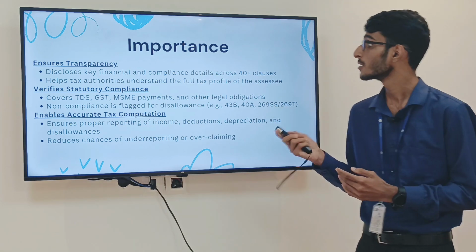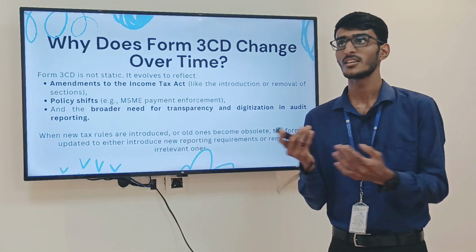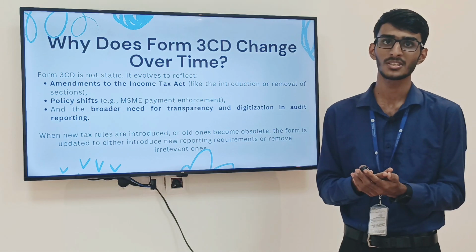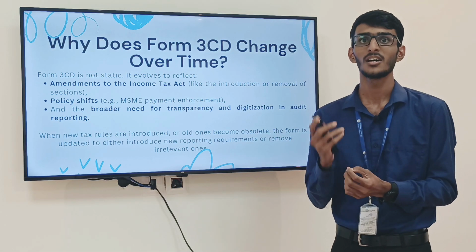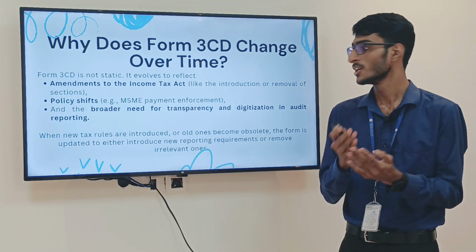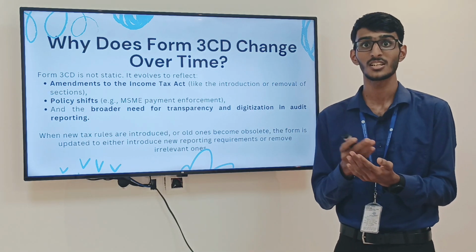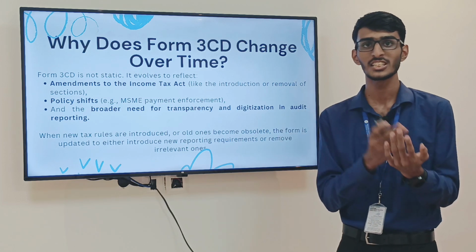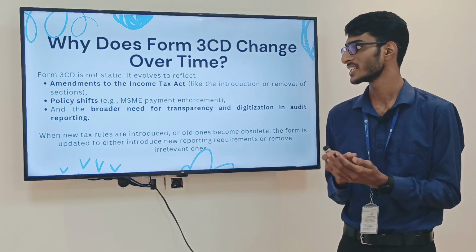It will also enable accurate tax computations, and hence the tax authorities can be rest assured that the computations are accurate. So, are regular changes made in Form 3CD? Actually, no. The changes are in compliance with the changes made in the Income Tax Act. If there is a major change in the Income Tax Act, the corresponding change will be made in Form 3CD as well.